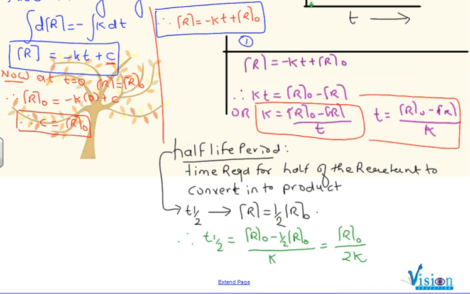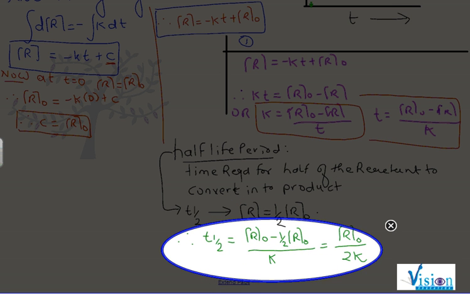Here half-life period for a zero-order reaction is always proportional to the initial concentration of the reactant R0. t half is always proportional to R0. Is this fine?